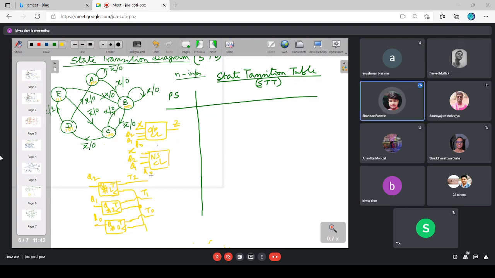Next state information. Where was that next state information going? To the input of the memory. Now what are the inputs of this memory block? T2, T1, T0. So what will be the outputs of this next state combination logic block? T2, T1, T0.